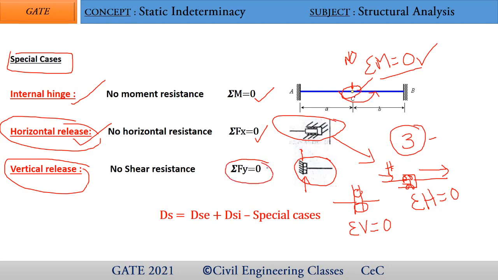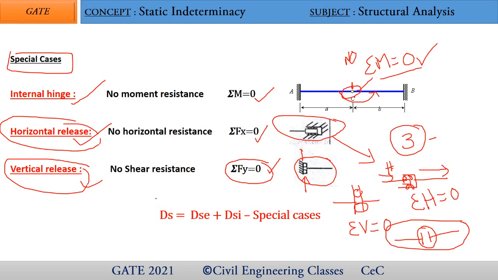So one more extra equation is added if there is a vertical release support. Generally a vertical release support is represented like this in diagram problems. If there is a picture like this, it means it is a vertical release support.